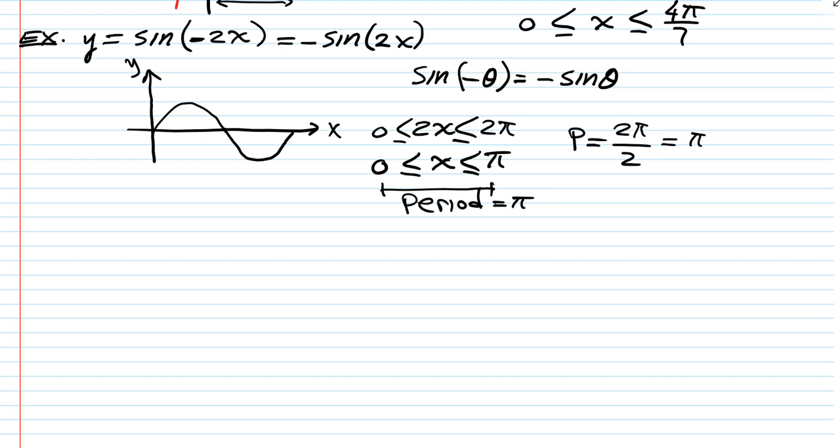Except remember, my sine wave is going to be a dotted wave, because that's not the final graph. I do need to reflect it, correct? So I'm going to do this in a dotted form. There. That's a 0, and then the ending point is not 2 pi, but pi for this new function.